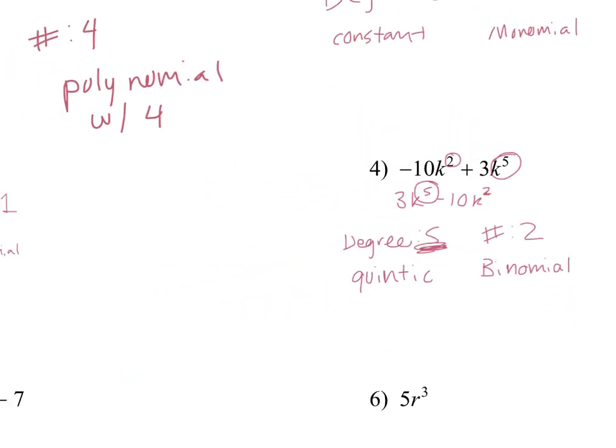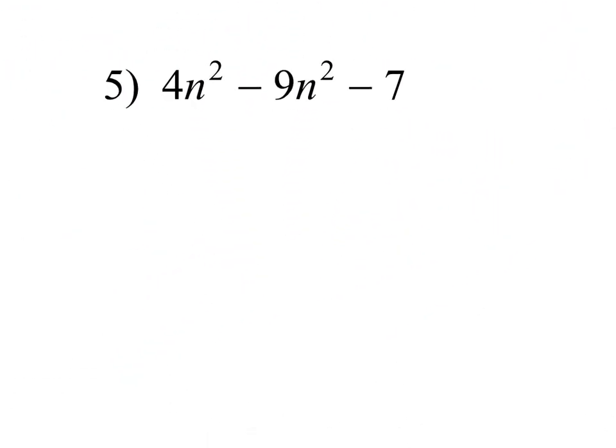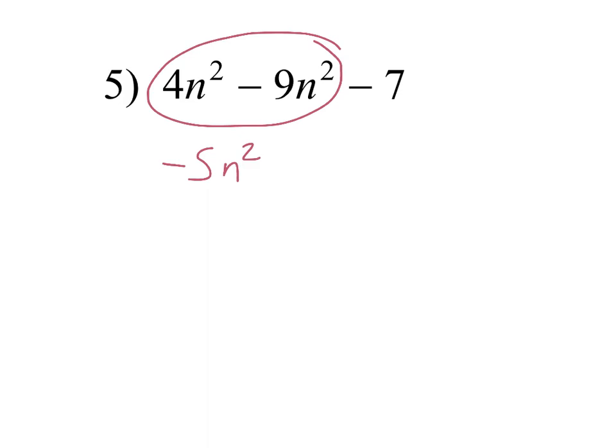Okay, number 5. How would we rewrite this in standard form? We have to combine the 2 in order to get negative 5n squared. If we have something with the same x term, we have to combine those 2 together.